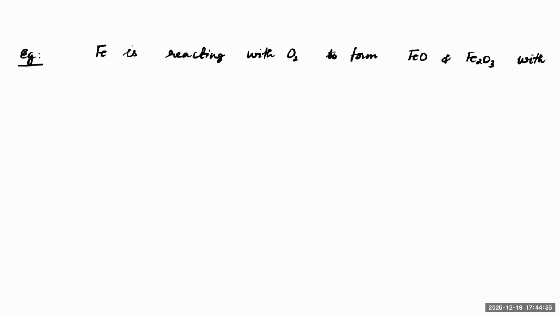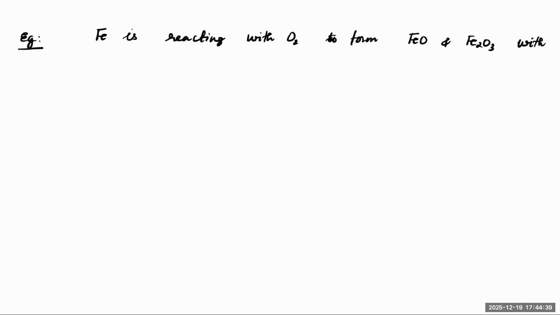One reaction is Fe plus O2 giving FeO. The second reaction is 2Fe plus 3/2 O2 giving Fe2O3.